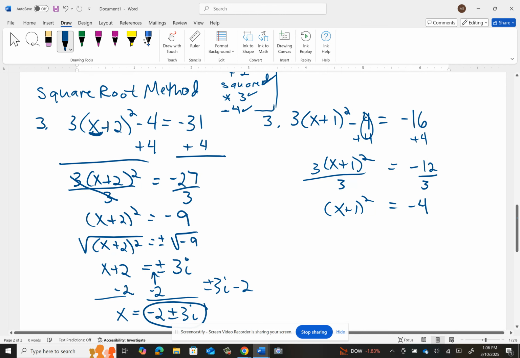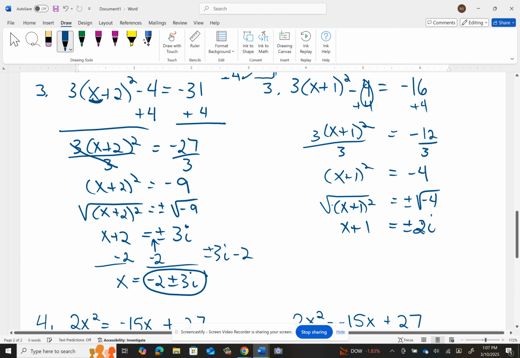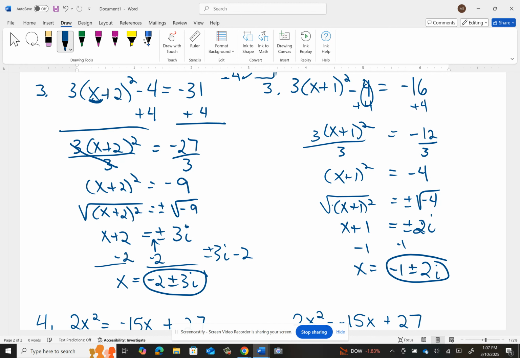Then we're going to take the square root of both sides, which gives us x plus 1 equals plus or minus 2i. Okay. And then I'm going to subtract the 1 from both sides and get x equals negative 1 plus or minus 2i, and I'm done.